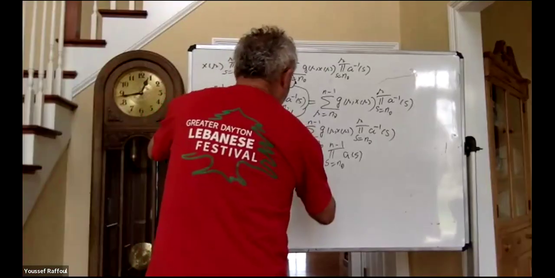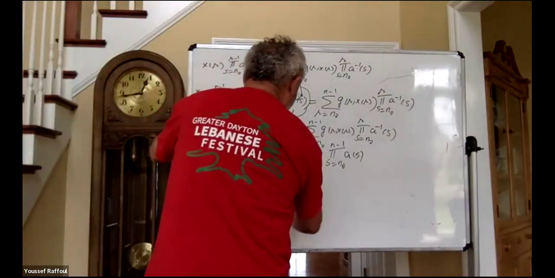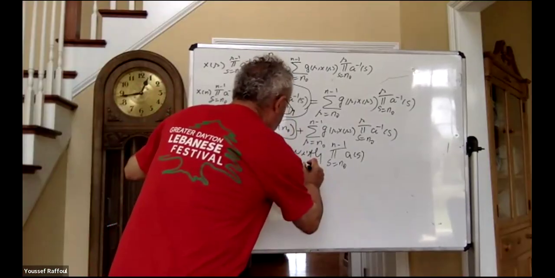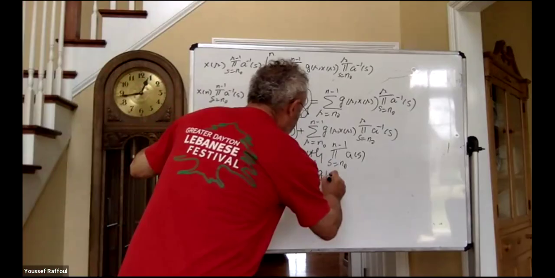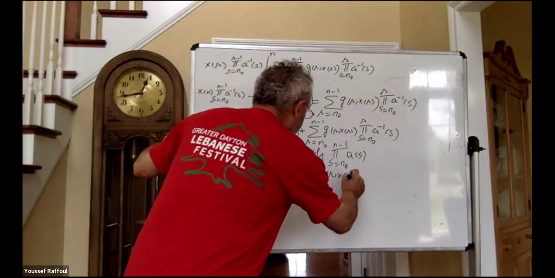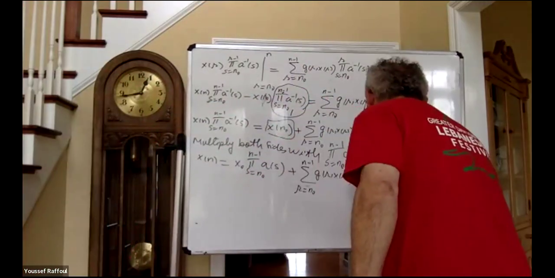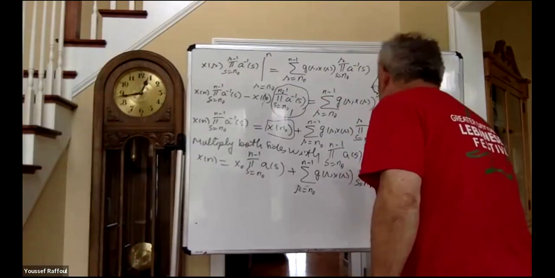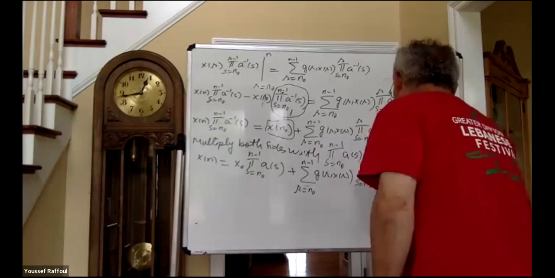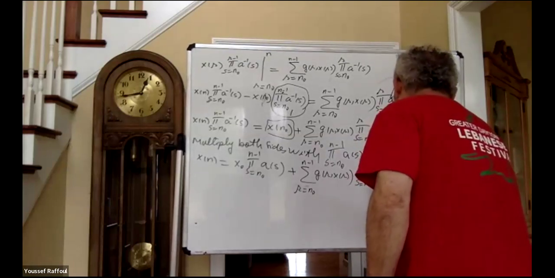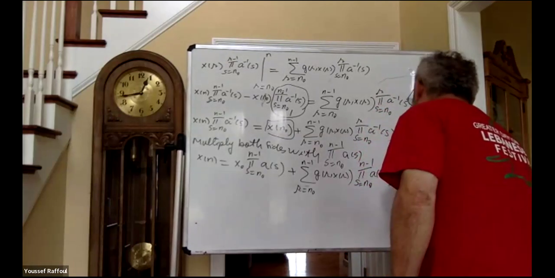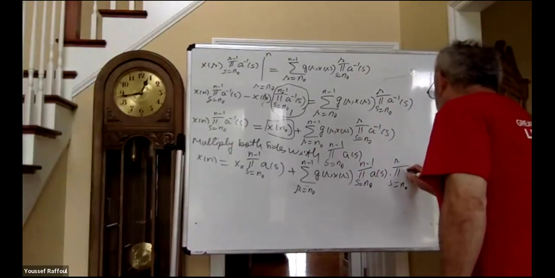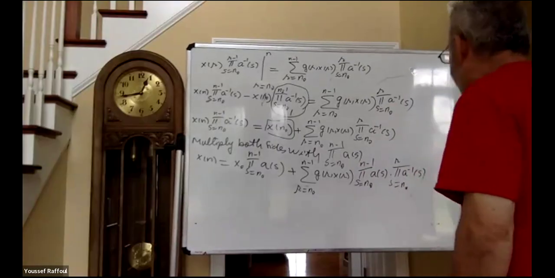Times the product s equal n naught to n minus 1 of A s, plus the sum over r from n naught to n minus 1 of g of r x of r, and I'm going to have the product s equal n naught to n minus 1 of A s times the product s equal n naught to r of a inverse of s.